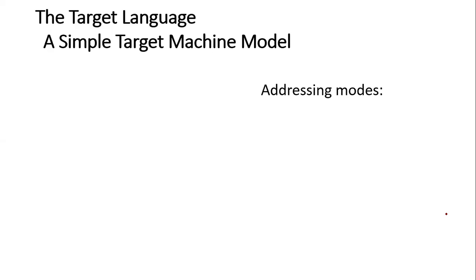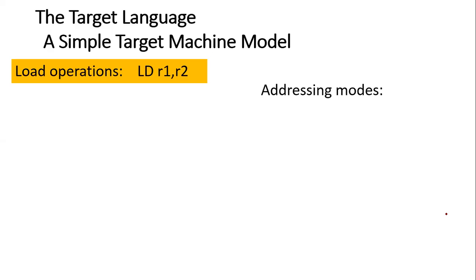Then we'll take one simple example of what we are considering in our module, that is the target language. A simple target machine model. What we are considering here consists of these types of operations. Load operations, we represent LD R1, R2, which indicates R2 is loaded into R1.